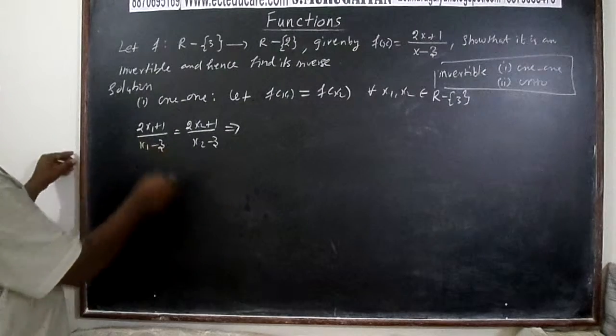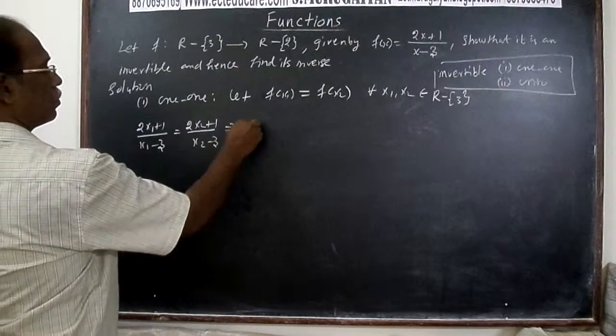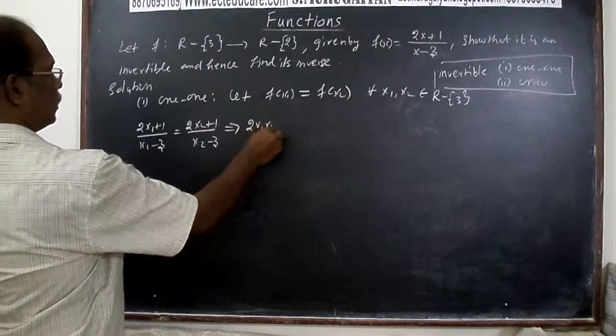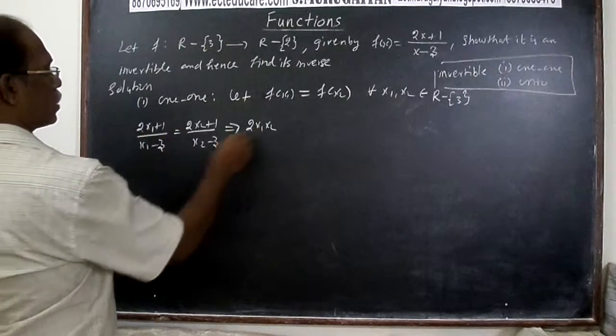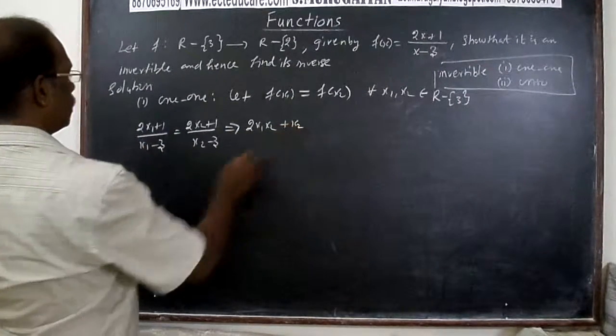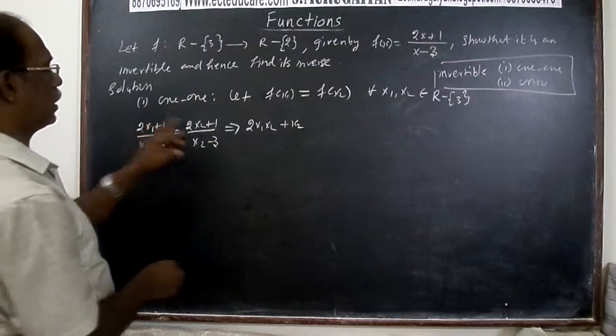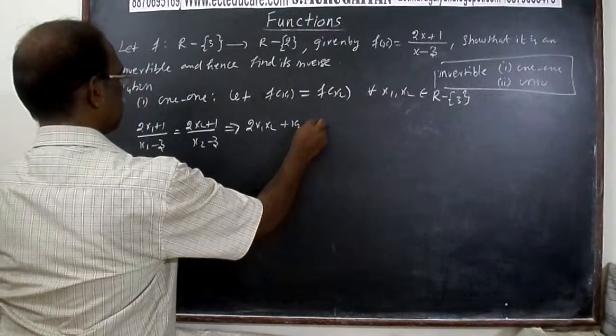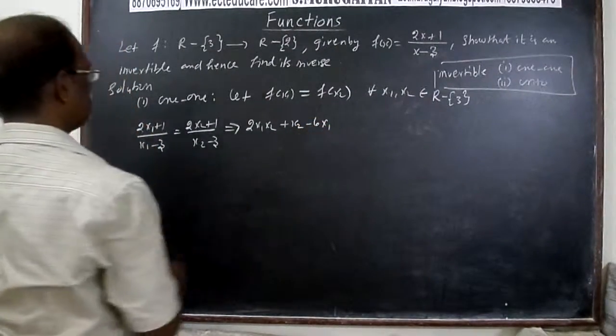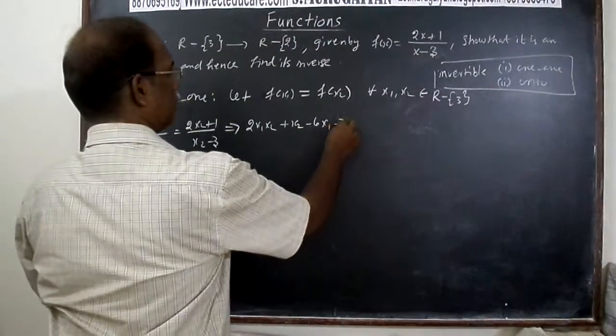After cross multiplication, 2x1x2 and 1x2, then 2x1 into 3 minus 3, minus 6x1 and minus 3.